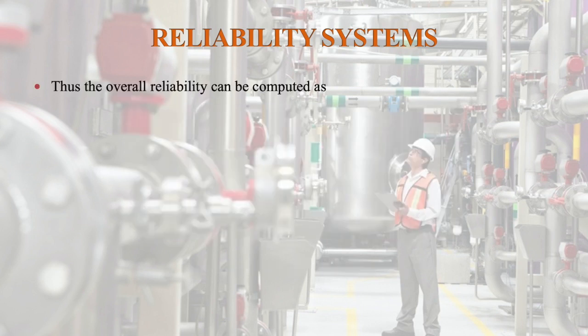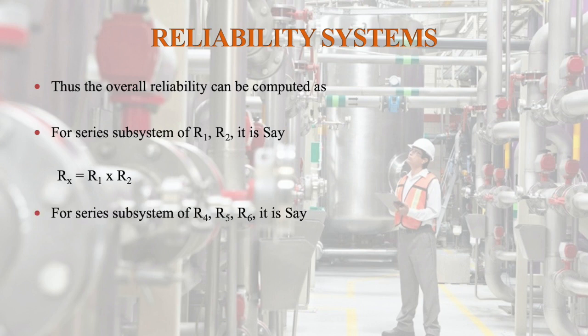So the overall reliability can be computed as follows. For the series subsystem of R1, R2, say Rx is equal to R1 into R2. For the series subsystem of R4, R5 and R6, say Ry is equal to R4 into R5 into R6.